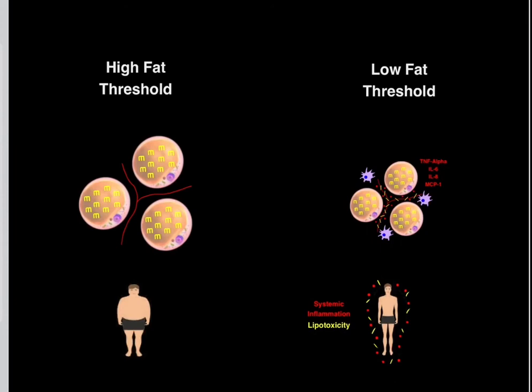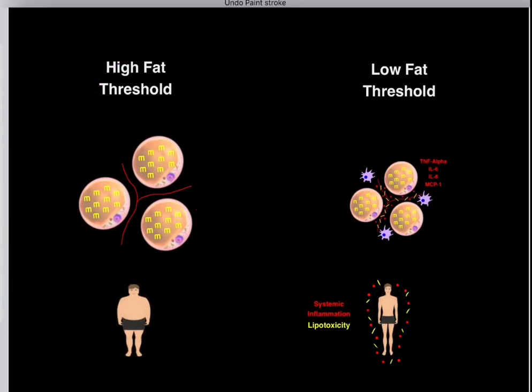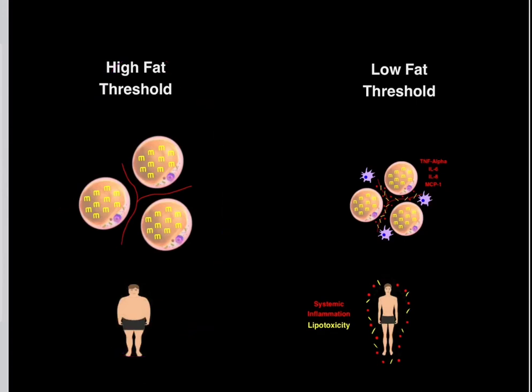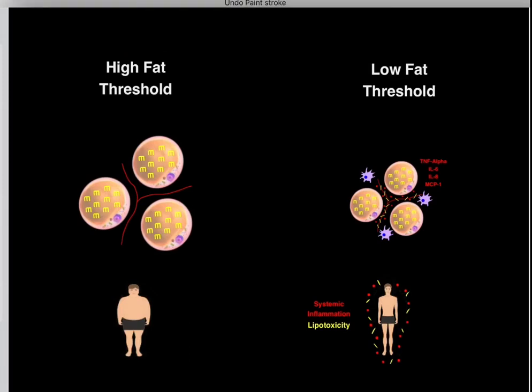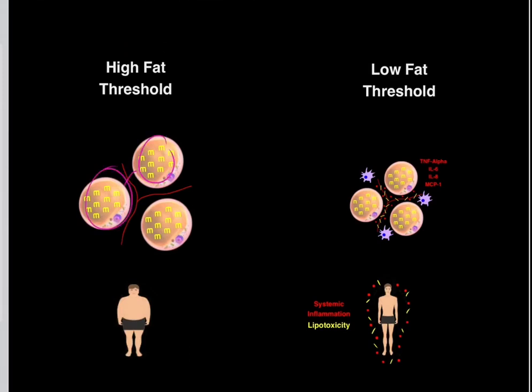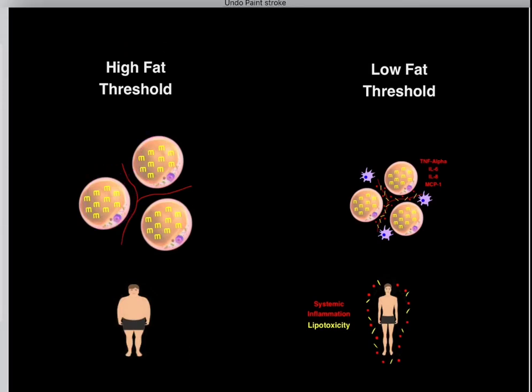But what's important to realize is that genes can play a huge role in this entire process. For example, some people have genes that give them what they call a high personal fat threshold, where they can have very hypertrophic adipocytes before they activate that entire process that we've spoken about.